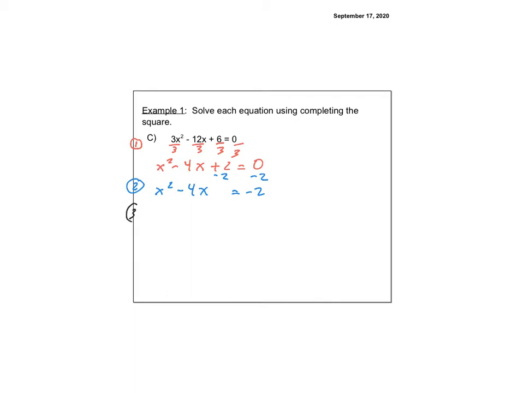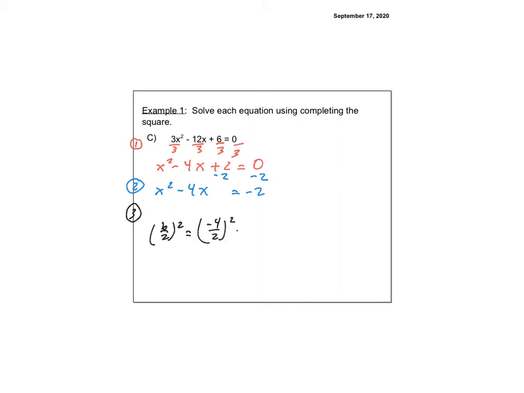Third step is to go ahead and do the perfect square. So let's go ahead and complete the square here. So remember how we do this. We take b divided by 2 and square it, and we're going to add that to both sides. So what is our b value there? It's negative 4.